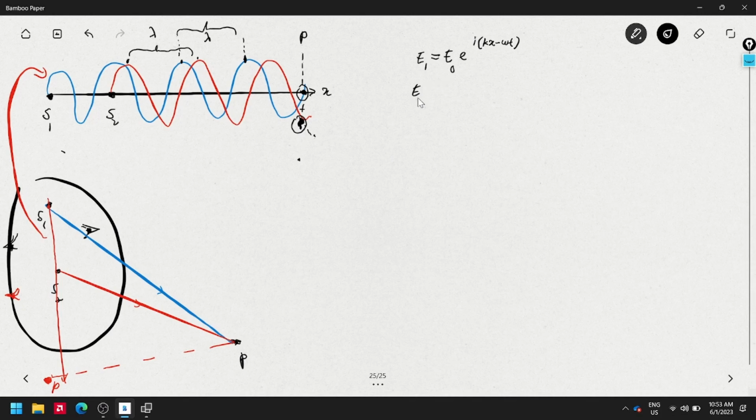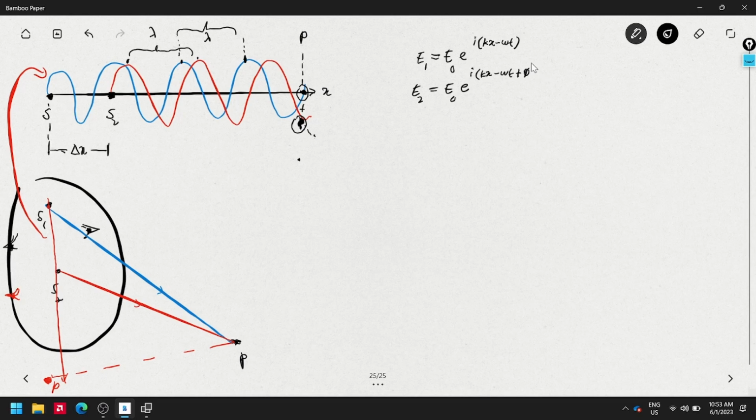And then the second wave is given by E naught e^(i(kx minus omega t)), but it is starting at a different position. So I have my delta x over here. So you should plus phi.